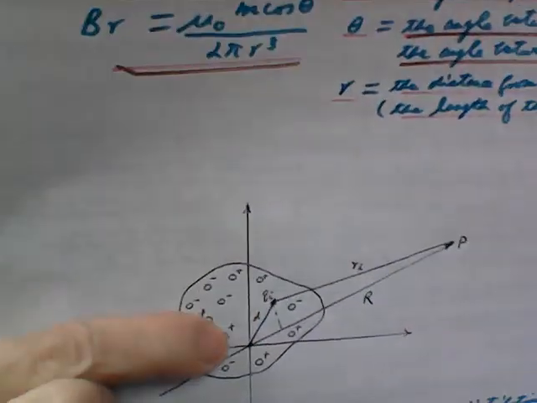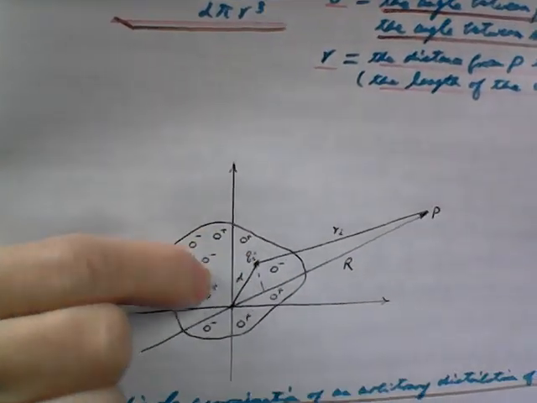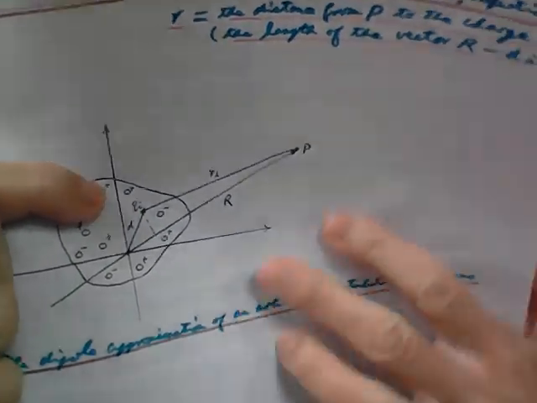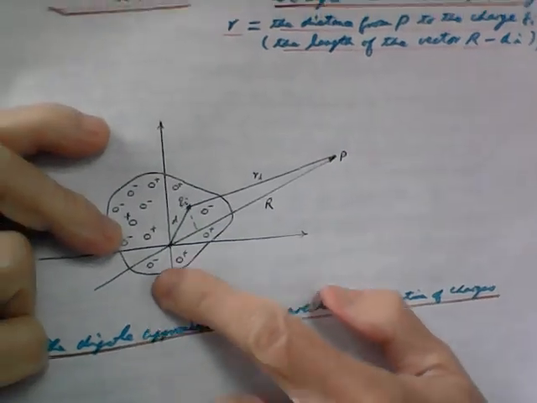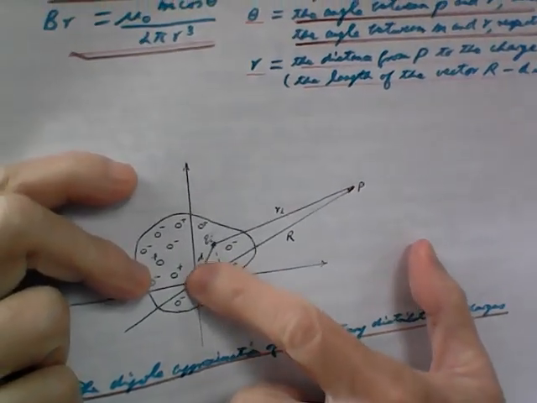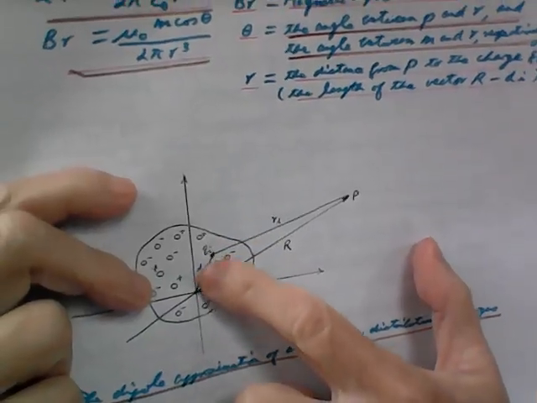That is to say, if D is the distance between the origin to the charge Qi, D is here. And if this is R, the distance from the origin to P here is much bigger than this small distance. And what happens?